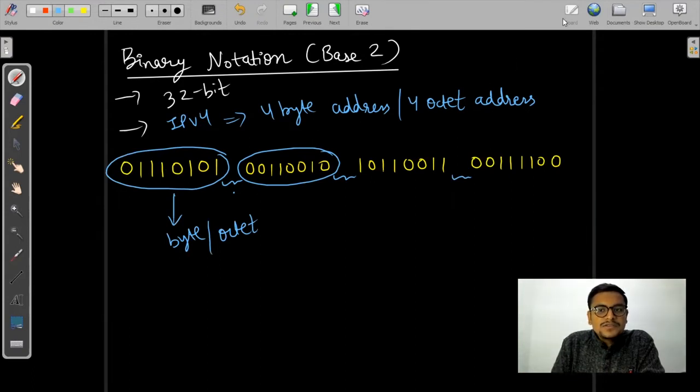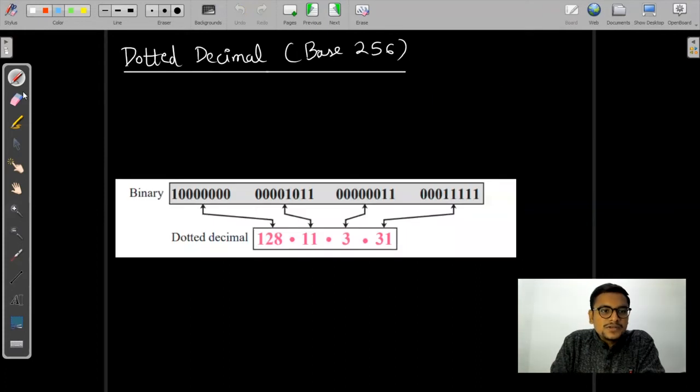Moving on, we have the second notation, which is known as the dotted decimal notation. In the dotted decimal notation, we have a certain binary IPv4 address. We remove the space, and instead of the space, we put a dot over there.